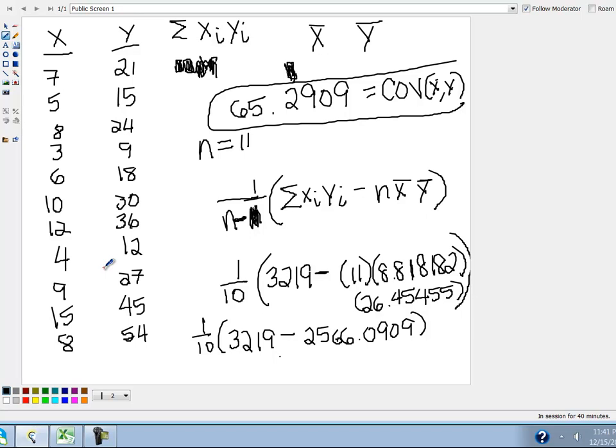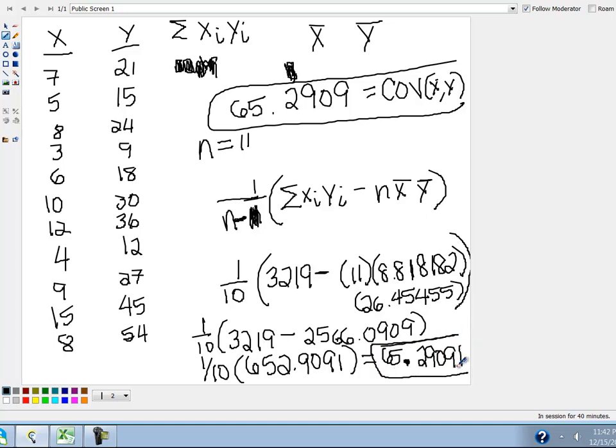I get 3219 minus 2566.0909. I hope you guys can see this. I get 652.9091. And when I divide that by 10, I get 65.29091, which is the same answer that we get right here, except I don't have the 1.